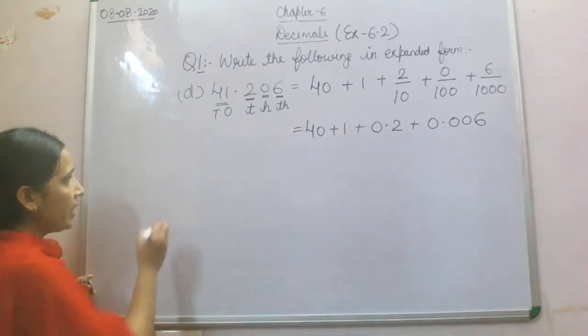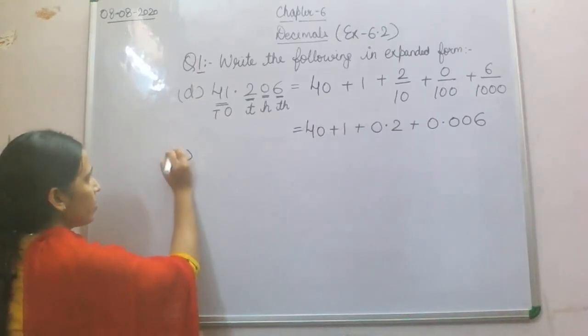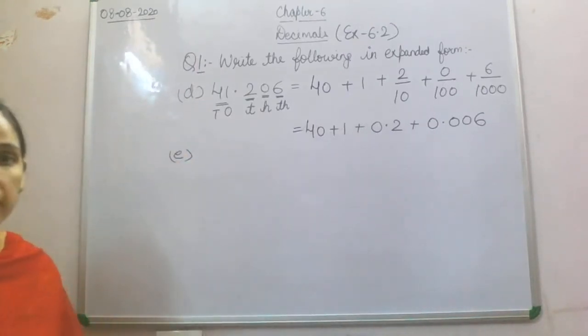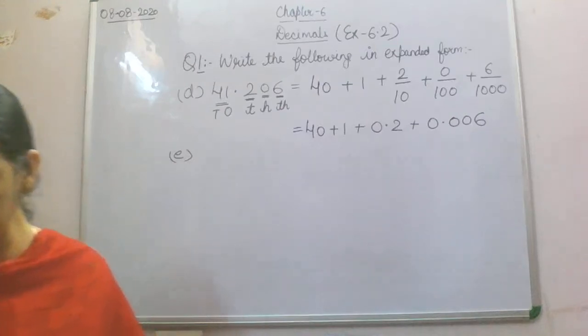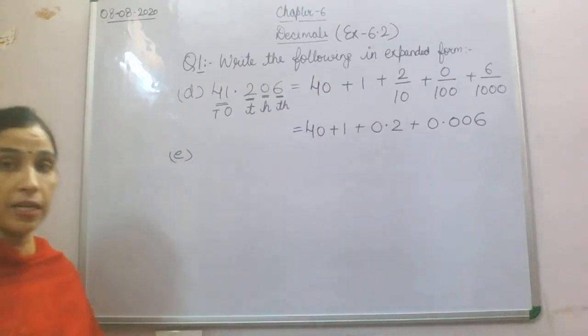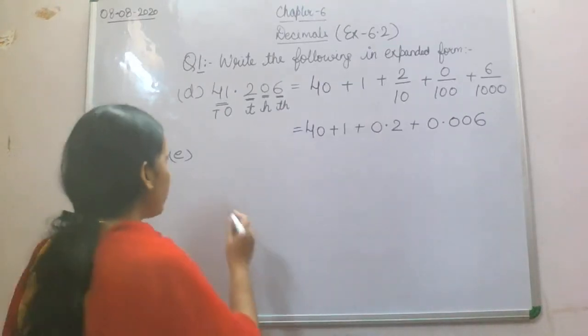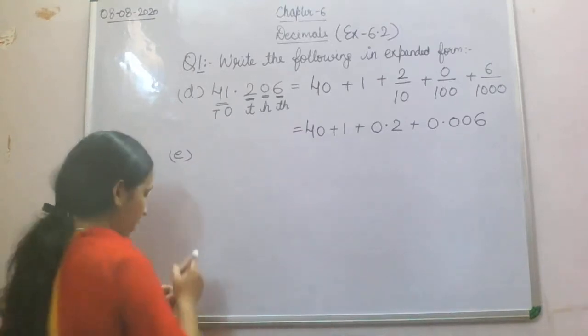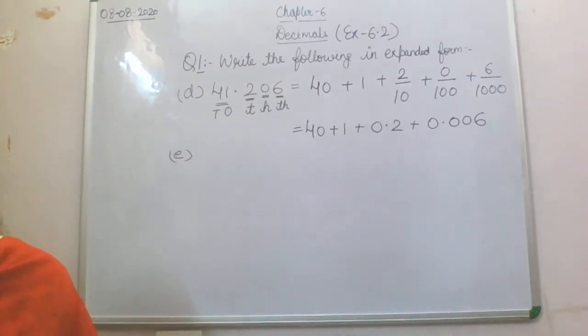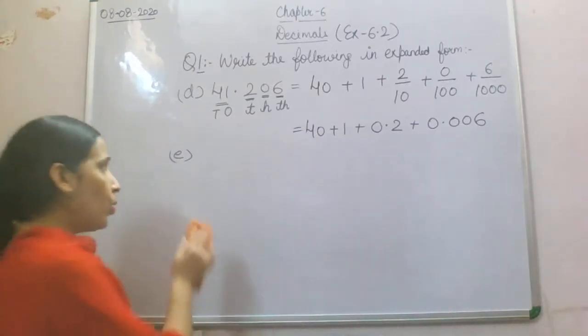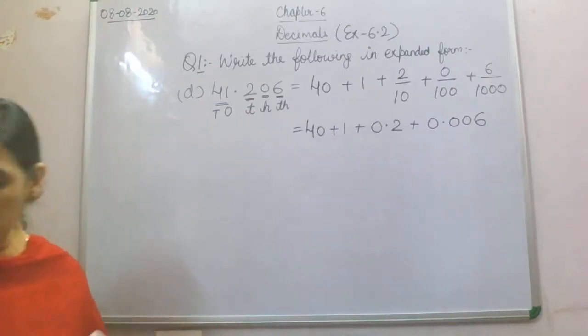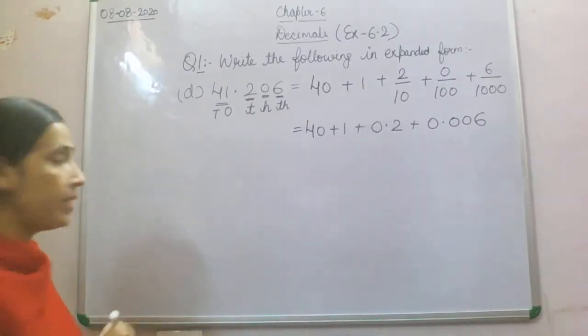Now E part of this same question, we'll start doing that E part. Now here is a little bit different question you have, that is in E part you have only decimal place. On whole number place you don't have any number.